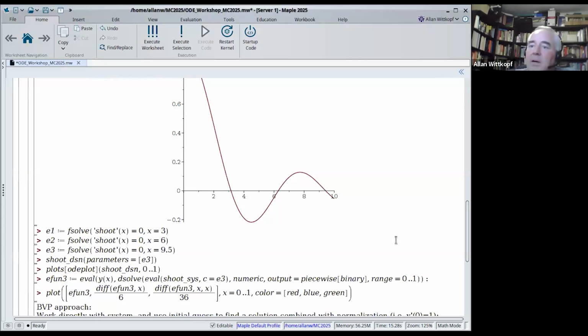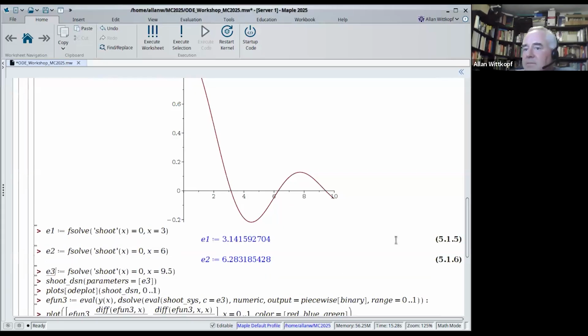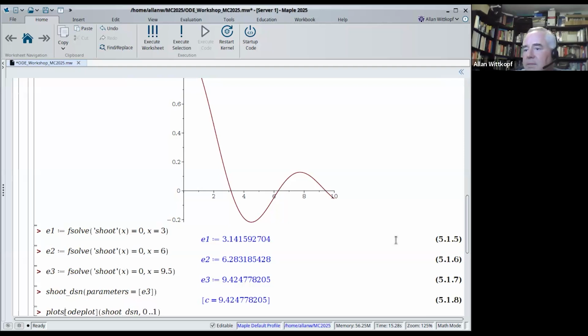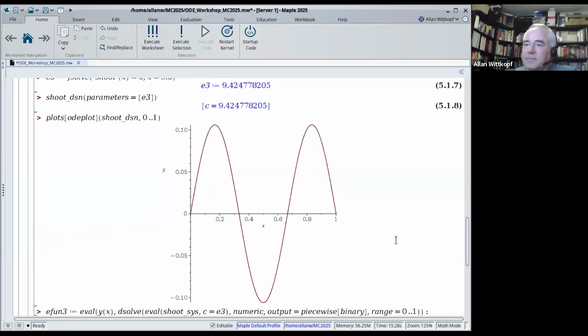fsolve to the rescue. Let's find some values in the region of those approximate ones. And we see that we get 3 eigenvalues up front. And we can set one of these parameters to the value for the solution, and we can plot it. And we can see what we get for our eigenfunction.